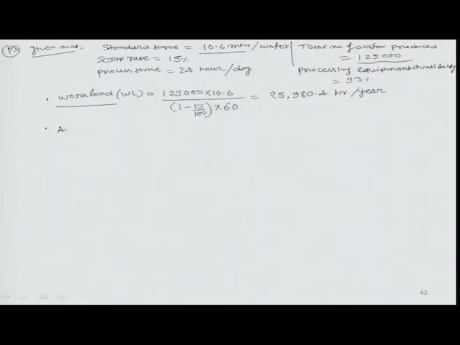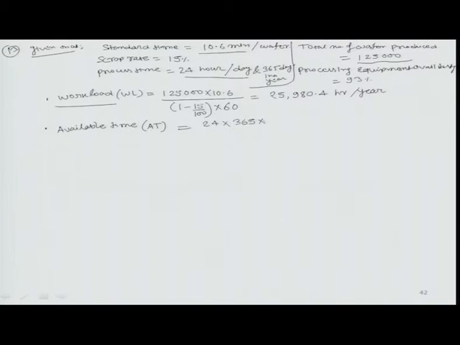Now we'll have to check what the available time is. Again, available time is 24 hours per day and 365 days in a year. Okay. So 24 hours per day into 365 days per annum.